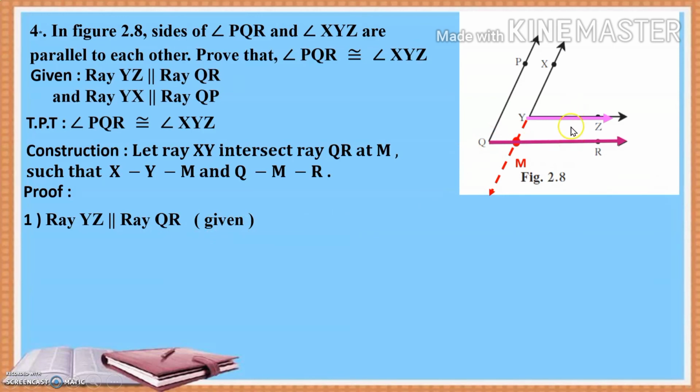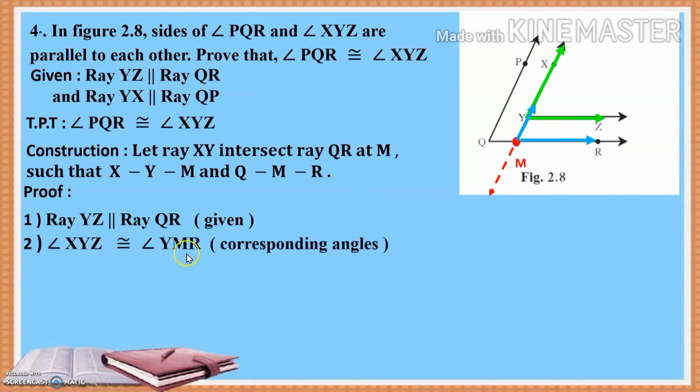Now when these two rays are parallel, we can say that angle XYZ is congruent to angle YMR. Why are they congruent? Because they are corresponding angles. So let's write that XYZ is congruent to YMR, corresponding angles. Now we go to the next given statement, that is ray YX parallel to ray QP.